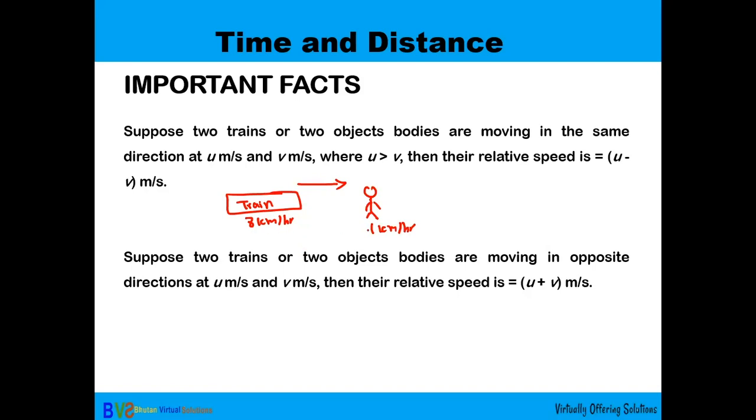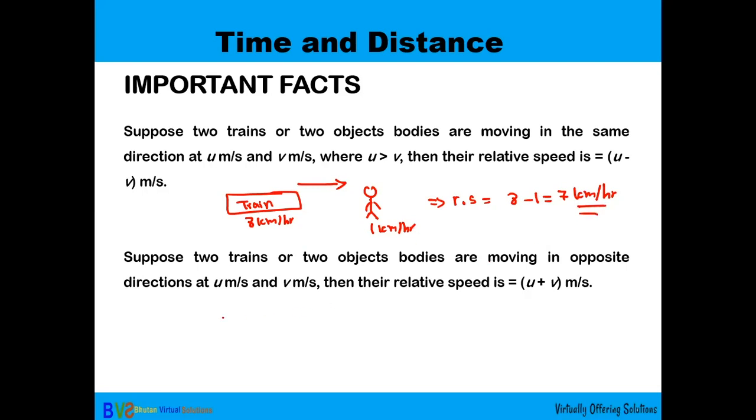The question asks for the time taken, so I need to find the relative speed. Since they are moving in the same direction, you need to subtract these two. 8 minus 1, you will get 7 kilometers per hour.